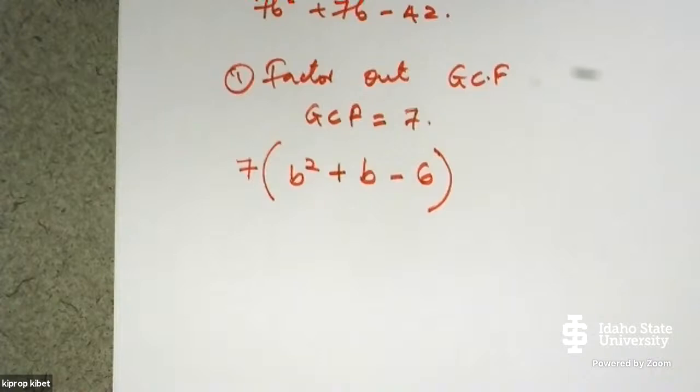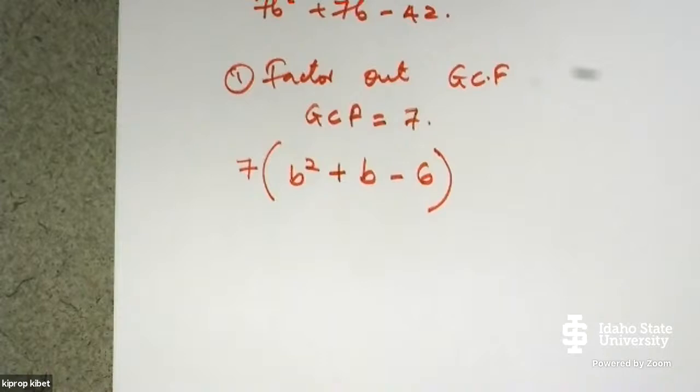Therefore, we now use the AC method. Our A here is 1, and our C here is 6.